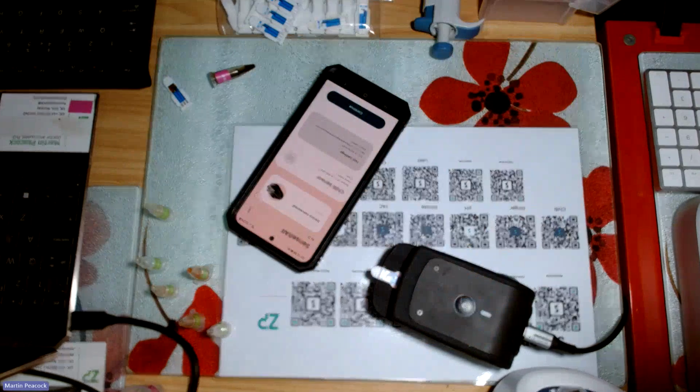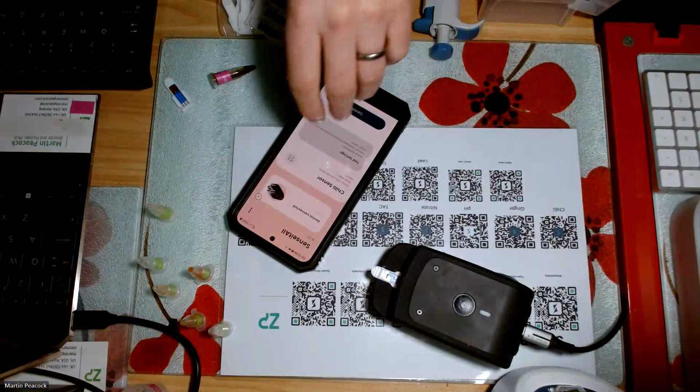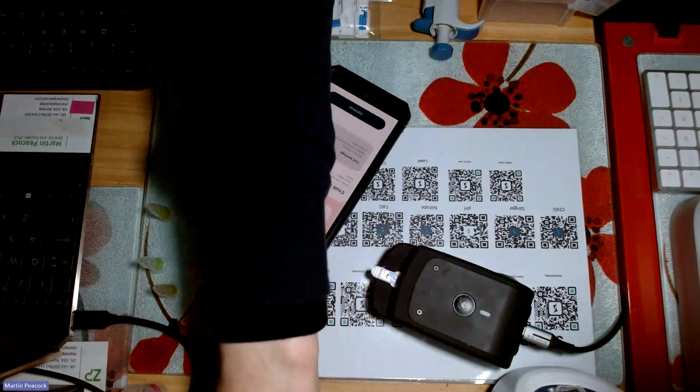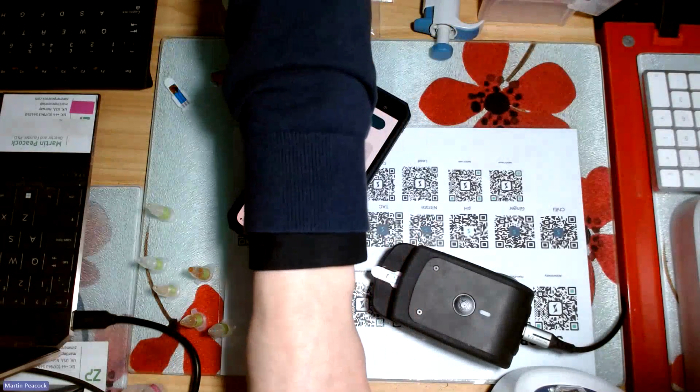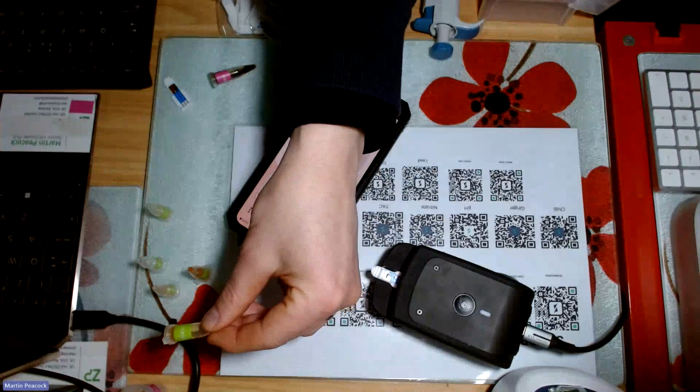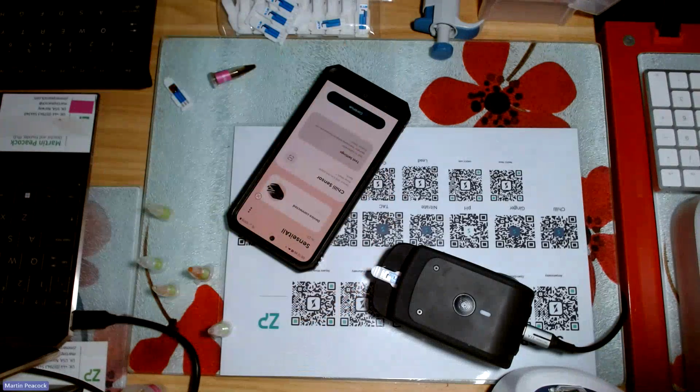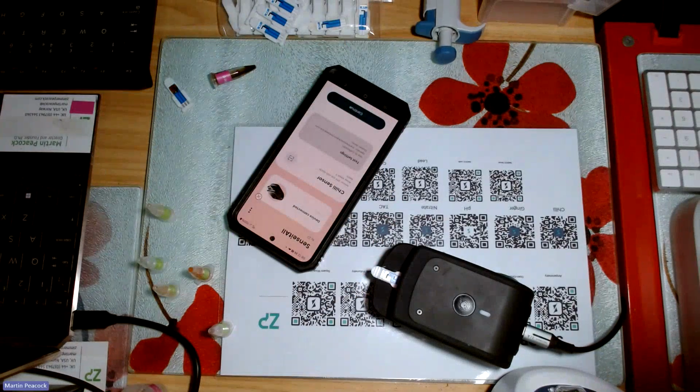Right. So I may not actually have a sample good enough to go. Let me just have a quick look. No, I'm going to take it. I'm going to take a sample, but this will be too concentrated.